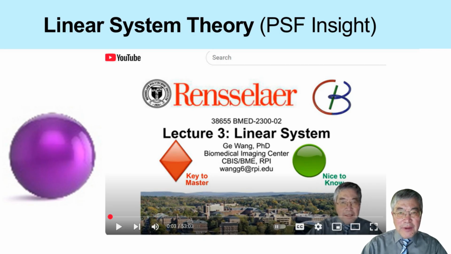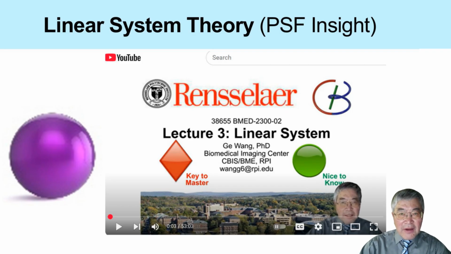So the point spread function tells us how a point is spread out by the system. Now, why are we discussing linear systems here? The reason is that filtered backprojection is a linear reconstruction process. The filtering and backprojection steps are both linear operations represented mathematically by integrals.